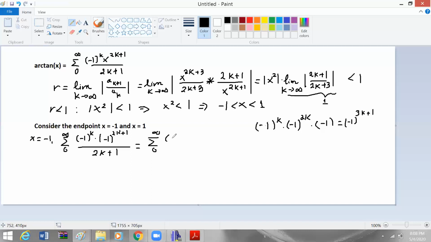So that becomes (-1)^k over (2k+1). So this guy is pretty much the same, but with the ratio of 1/2. So that would be the same as (-1)^k over k, right? Using the limit comparison test, we need to find a limit for that part. It's 1/2, right? So this converges.